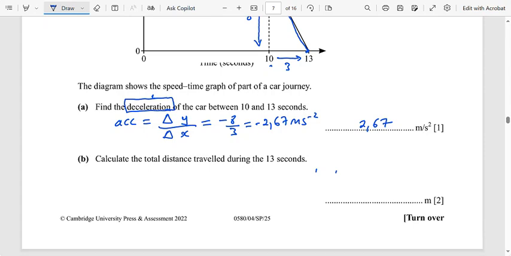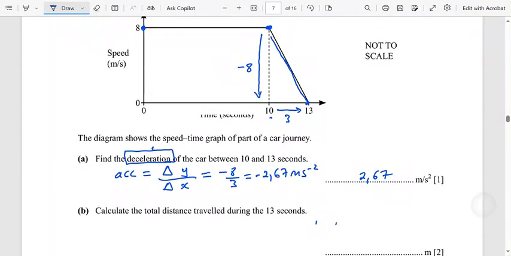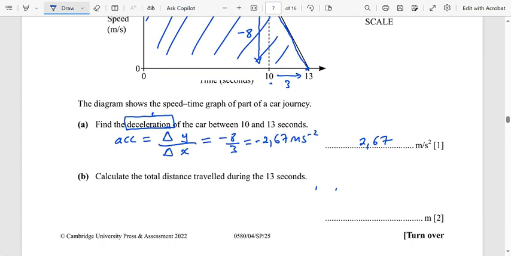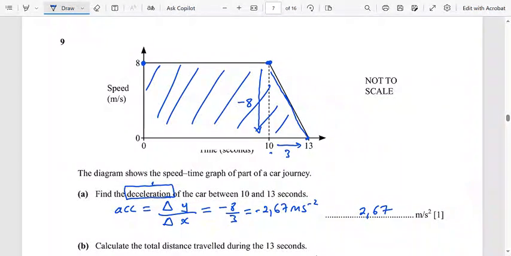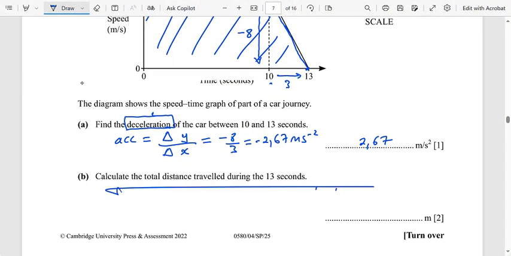Part B requires me to find the total distance traveled in the 13 seconds. Distance is the area under the graph. The graph that we have here is in the shape of a trapezium. The area of a trapezium is equal to half the sum of the parallel sides times the perpendicular height.